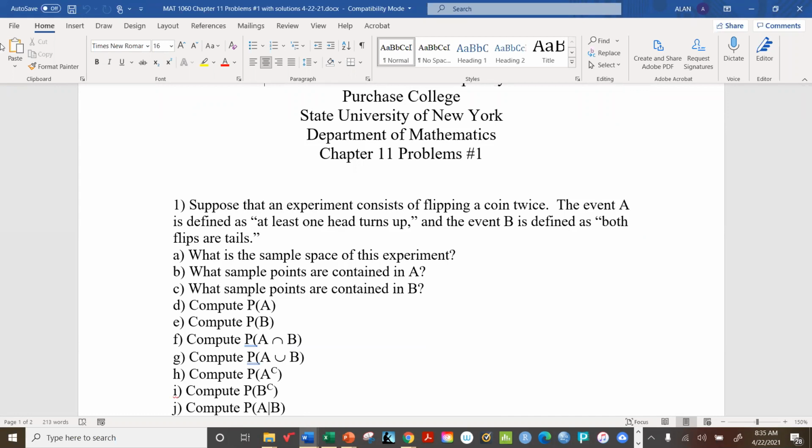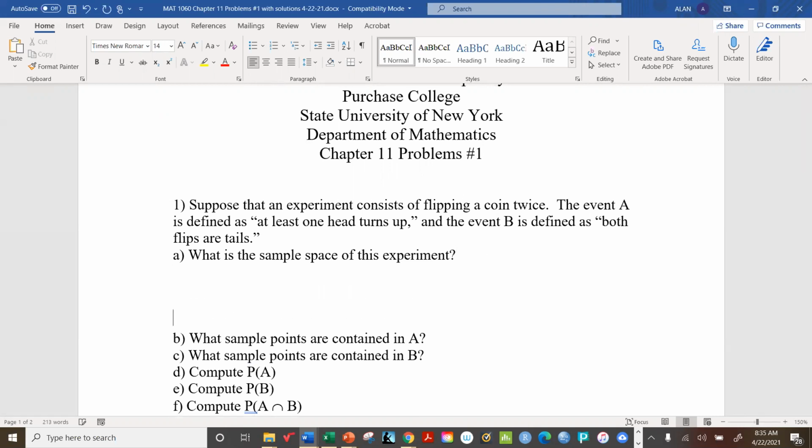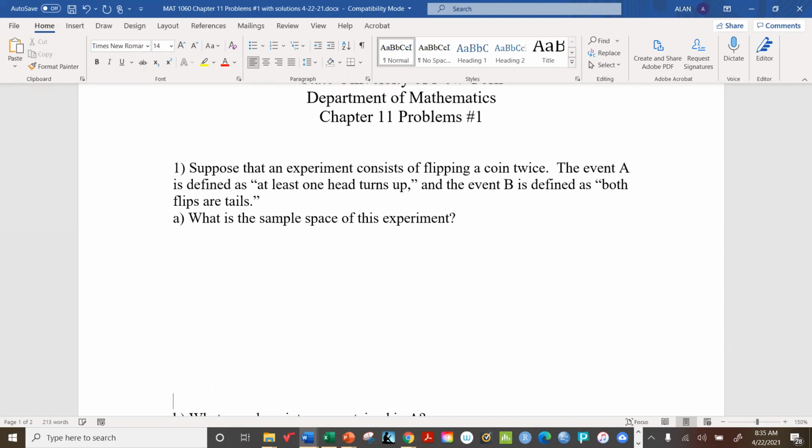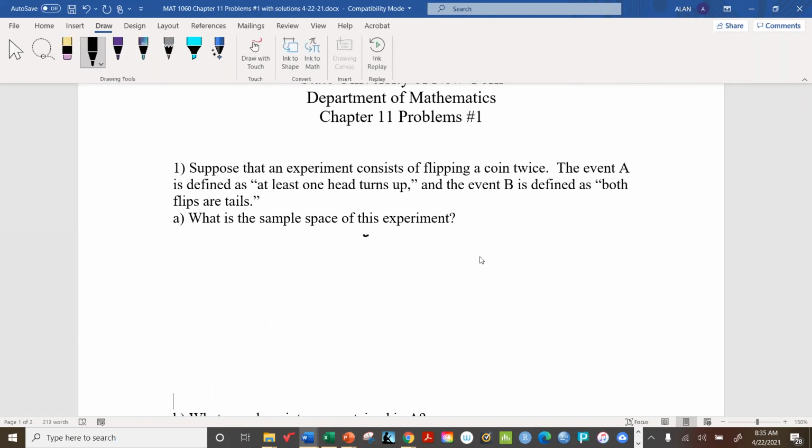So what we normally do at the beginning of a question like this is write out all the elements that belong to these different events, as well as the sample space. So remember, the sample space is a set, and it contains all the outcomes of the experiment. When you flip the coin twice, you're going to get 4 outcomes. Let's draw a little binary diagram just to remind ourselves. After one flip, you can have a head or a tail.